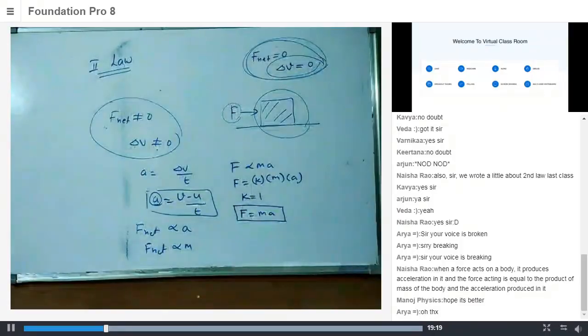Got it? After you have taken down that statement, you can take down this.